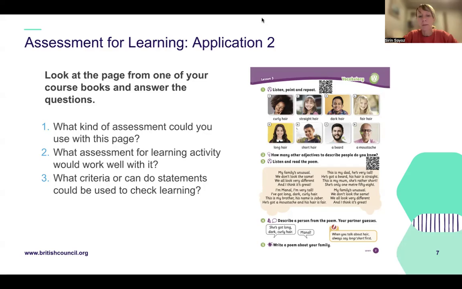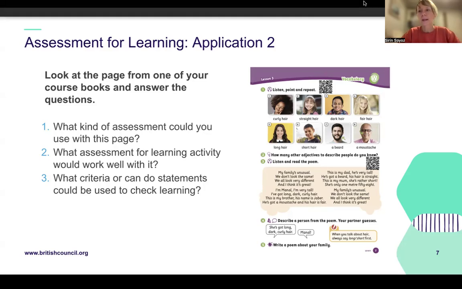Imagine you cook a soup. In formative assessment, as you cook the soup, you check the salt. If it's too salty, you add some water. If it's too thick, you may add some water. If it's not that thick, you add some other ingredients. So we check this together with the learners.